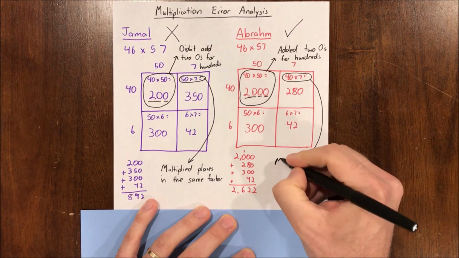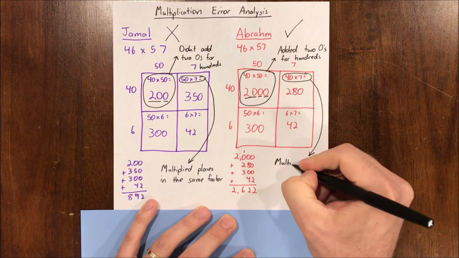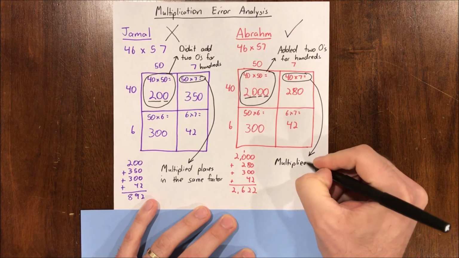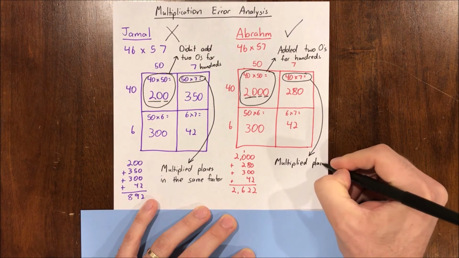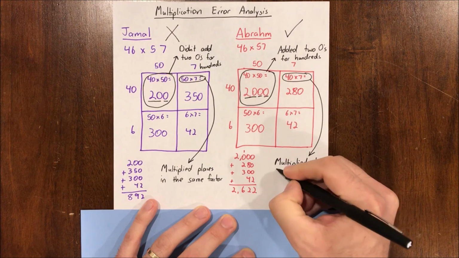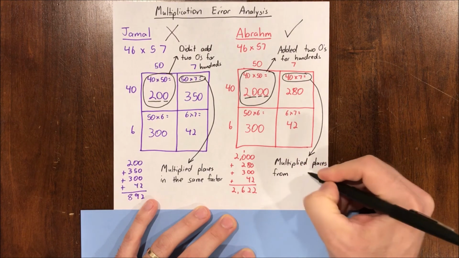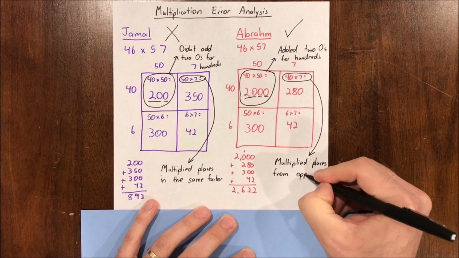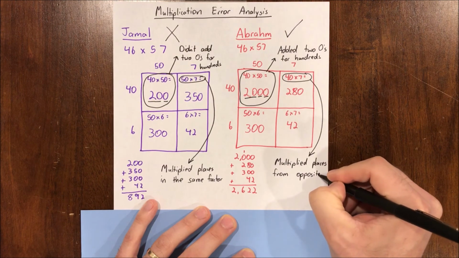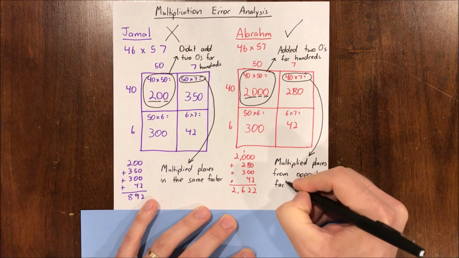Let's make a note of that here. Abram multiplied places from opposite or different factors.